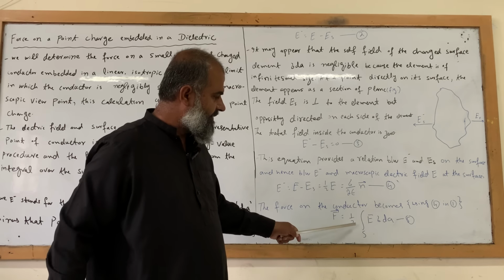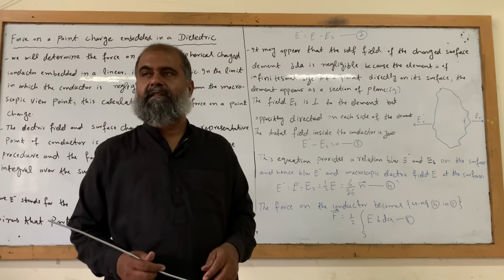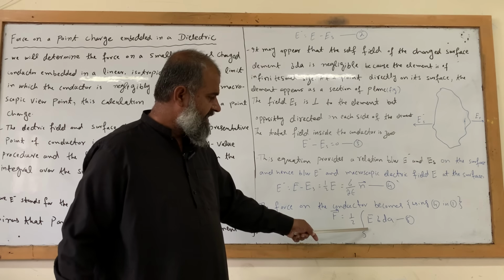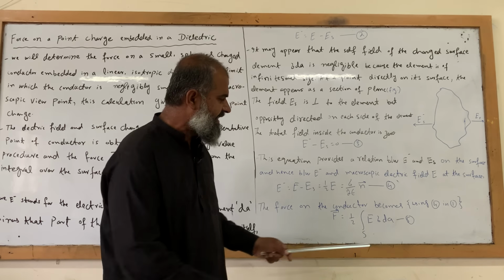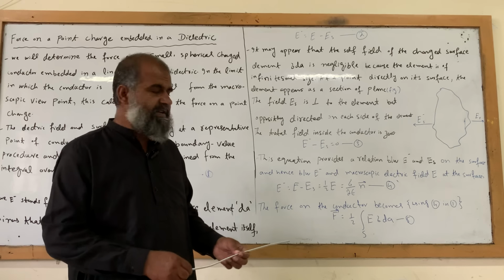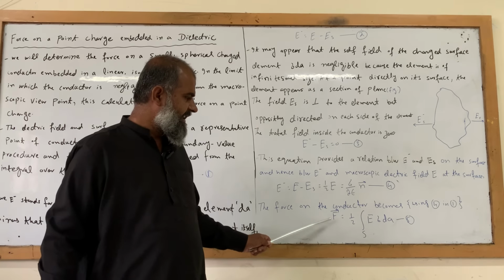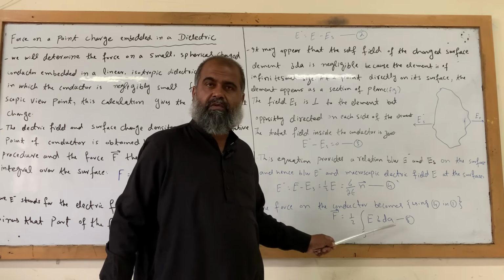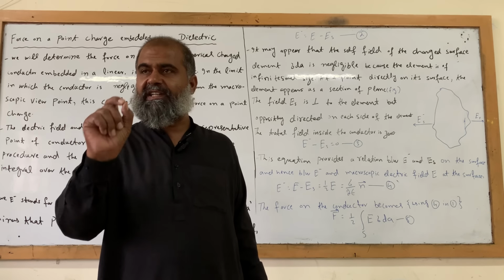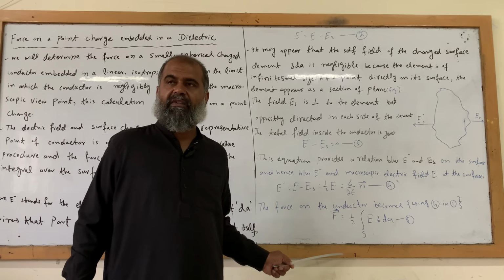F is equal to half the integral of E sigma dA. Sigma dA is the charge Q, being multiplied with the electric field E. QE. F is equal to EQ. We know that the formula of force is equal to Q multiplied by the electric field E, and the same is over here, but with a half.